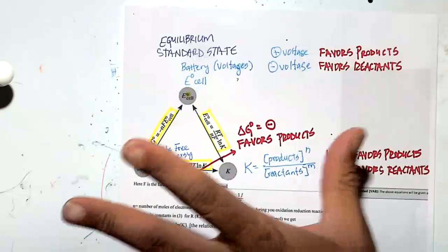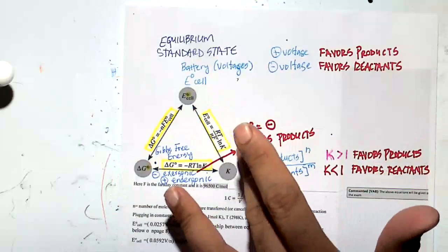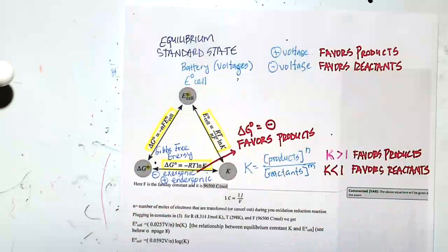And if delta G is positive, what does that mean? It's an endergonic reaction, which favors the reactants. We call that an endergonic reaction.